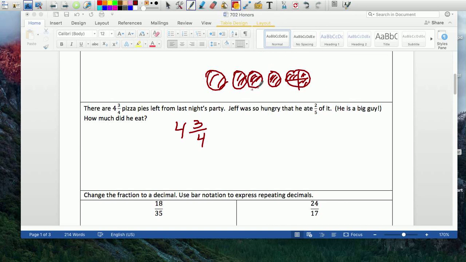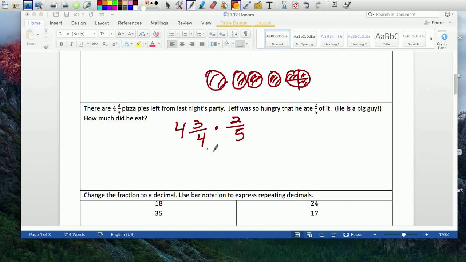So you know that the answer is going to be a bit less than half. Jeff is going to eat 2/5 of this, which is quite a chunk, right? So you can multiply by 2/5, right? 2/5 of 4 and 3/4. So that's the operation that you would have to do.